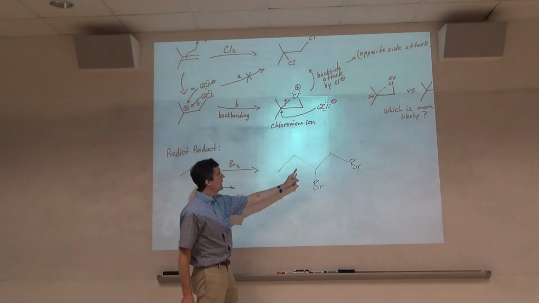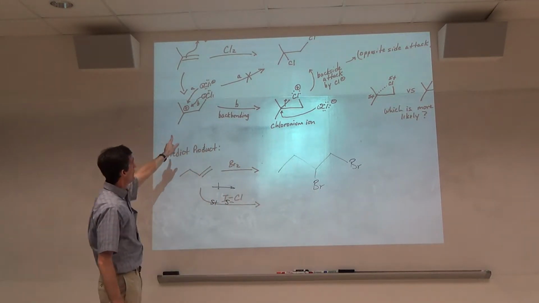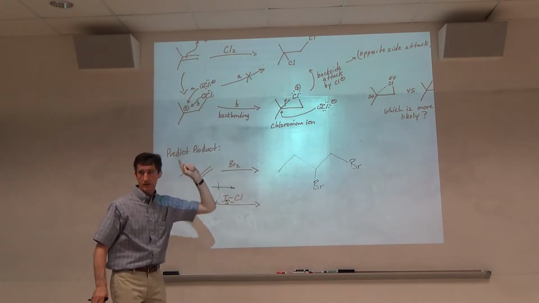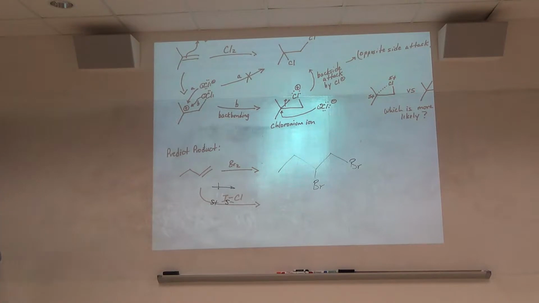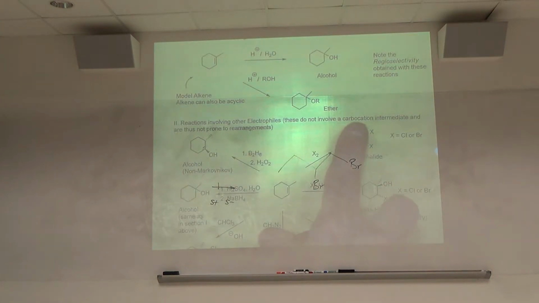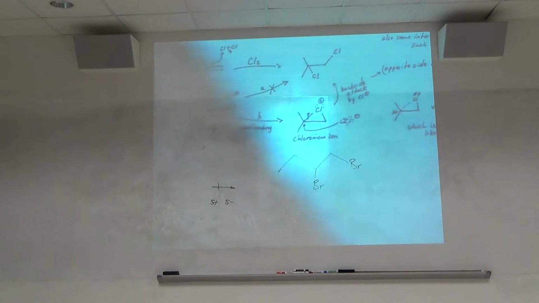Mechanistically, I forgot to say something up here. Nobody asked me. Why didn't y'all ask me about that one up there? Because we're under Roman numeral 2. What does it say about carbocations? No carbocation.